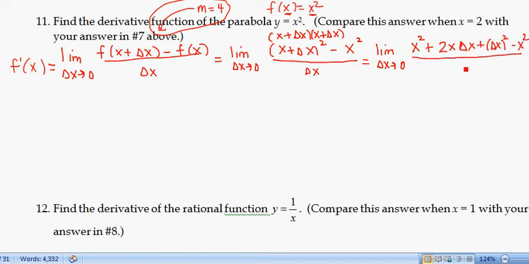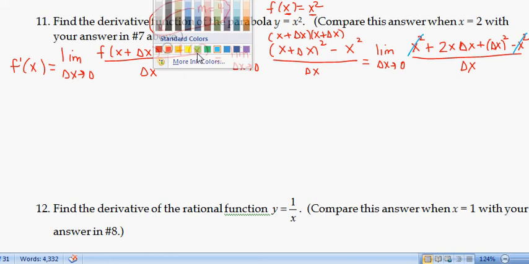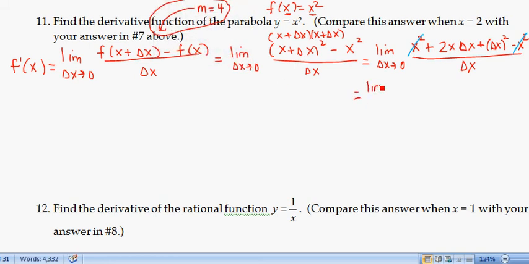And all of this is over delta x. Notice that we have x squared and negative x squared, so I'm going to go ahead and cancel those. And so we're left with the limit as delta x goes to 0 of 2x delta x plus delta x squared. And I'm going to factor a delta x out of that numerator.